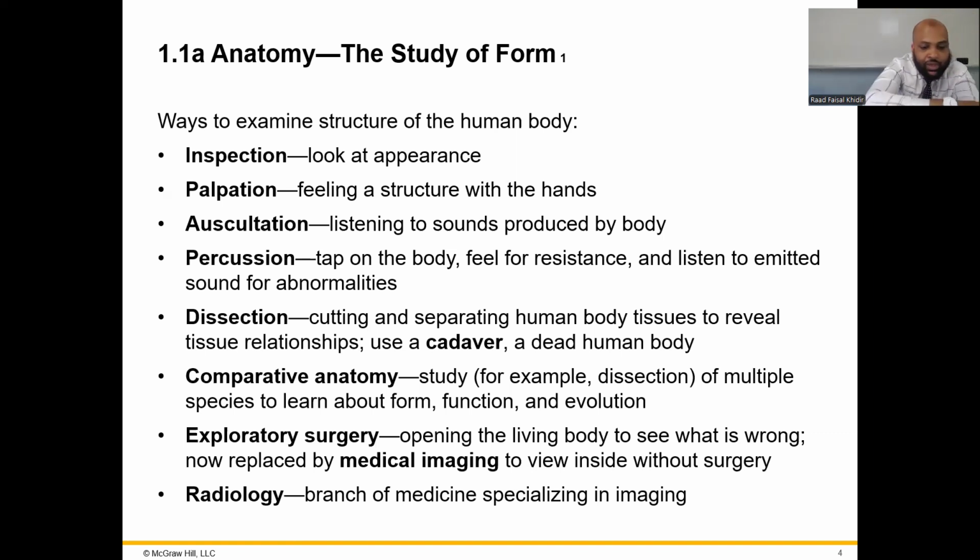That's not true. And then we have to learn that there's exploratory surgery. That's when they open the body to see what's wrong. They don't do that anymore, but it's not entirely eliminated because there is endoscopy. That's a surgery.